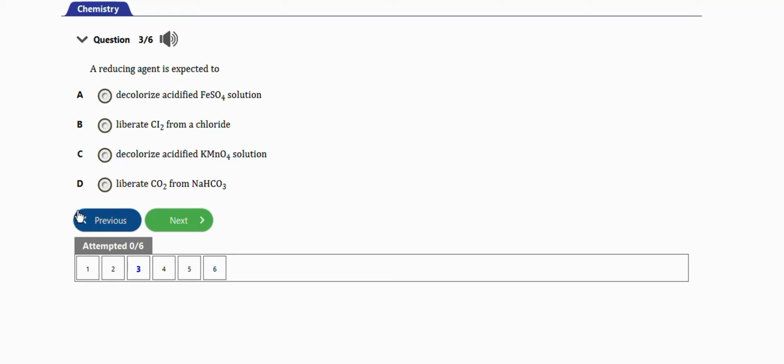So the right option to this question is option C, dechlorize acidified potassium manganese(VII) solution. So that's it for this question.